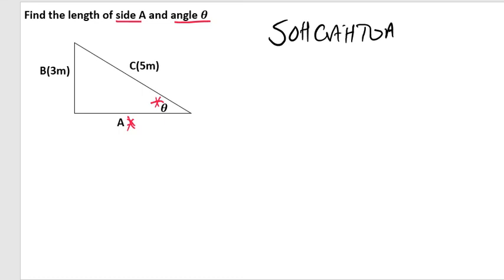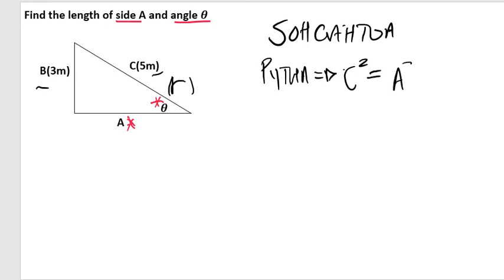As you can see, we have got two sides, and we're required to find the third side. So here we're going to apply what we call Pythagoras Theorem. The formula for Pythagoras Theorem is c squared equals a squared, which is your adjacent, plus b squared.